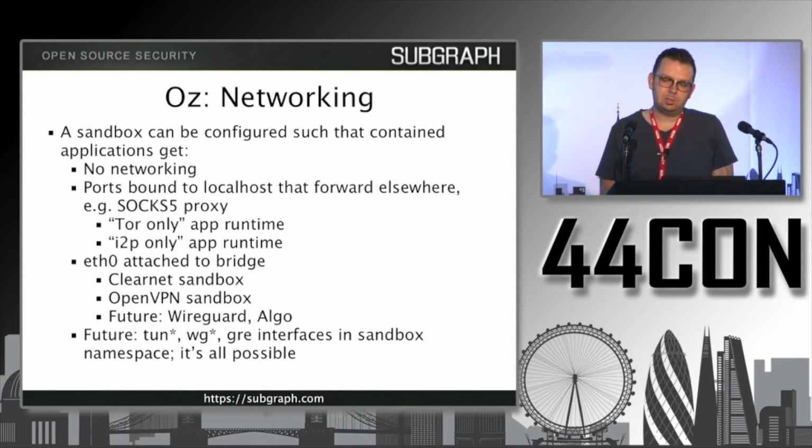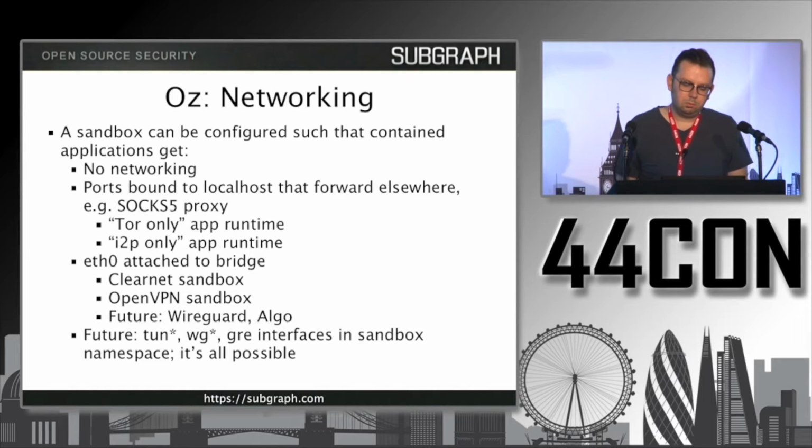You can create listeners that are bound to localhost, and those can be forwarded to arbitrary ports. So one thing we do with this is, for the Tor browser sandbox, we create a Tor and Tor control port forwarder inside the sandbox that look to Tor browser like Tor, but they just forward to Tor outside. Actually, now they forward to our firewall, which I'll get to.